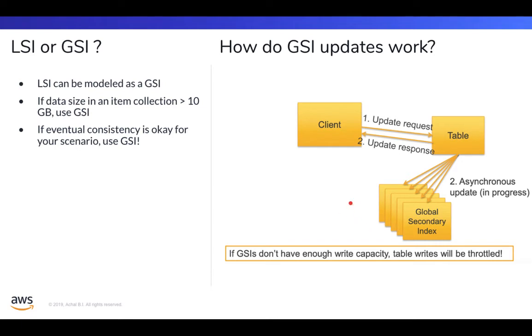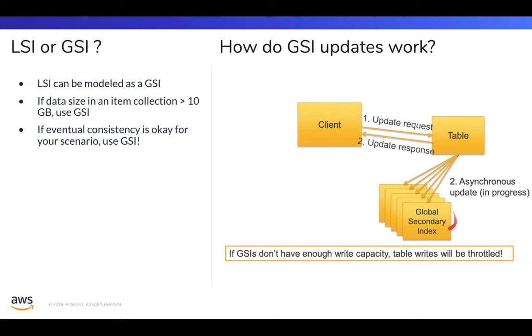So how does a GSI update work? A Global Secondary Index update is basically asynchronous. When a client sends an update request, the table responds back saying that it will update, and the asynchronous update process starts in the background.